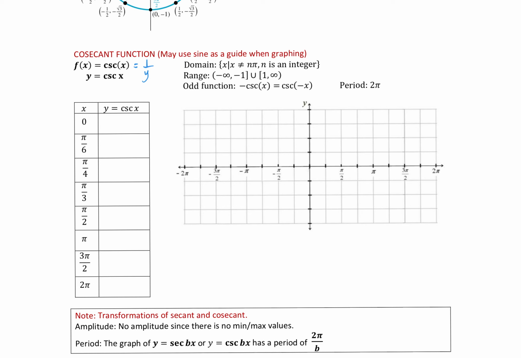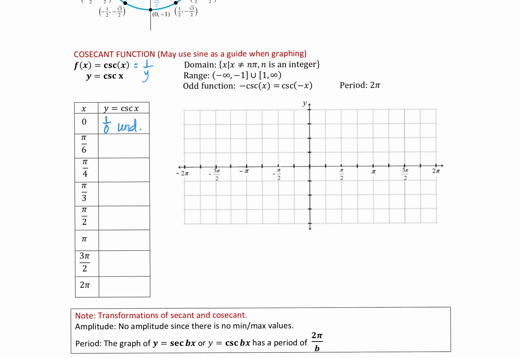So I'm going to do values in the first quadrant and then just values pi, 3 pi over 2, 2 pi, those values that are actually on the x and y axis. So in the first quadrant, if x is 0, cosecant of 0 is 1 over the y value. The y value is 0, so we get 1 over 0, and it's undefined.